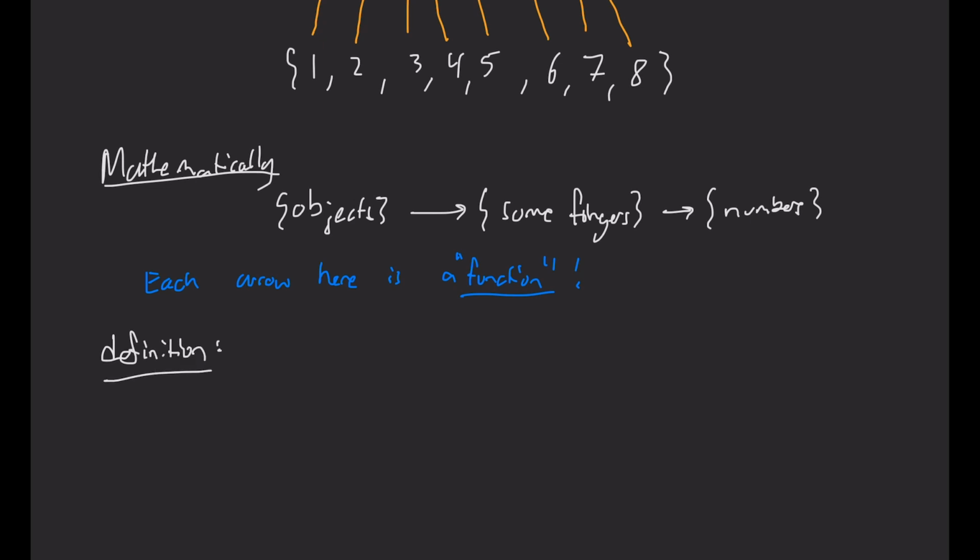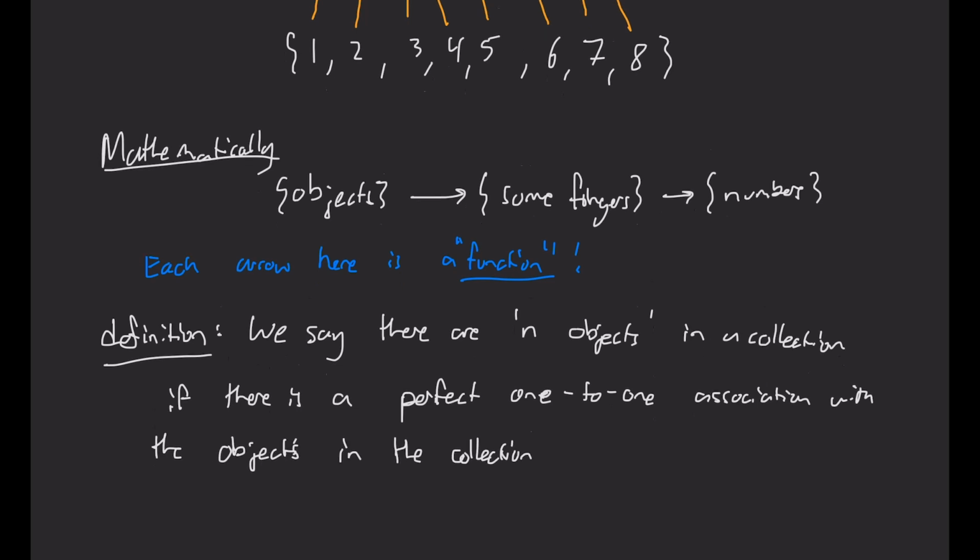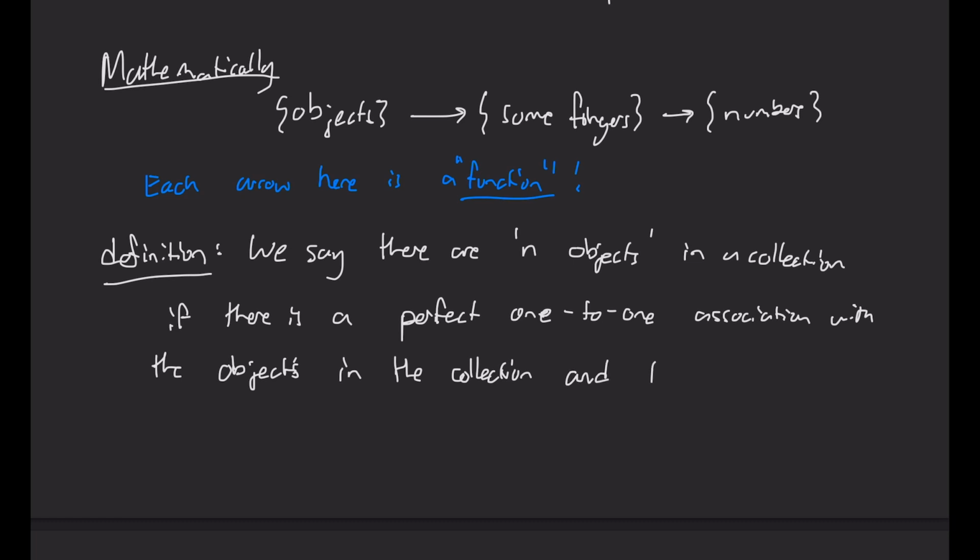Okay, so this suggests a definition for counting. So we can say that there are n objects, so n being some natural number, for example, 8, in a collection if there is a perfect one-to-one association or correspondence or function with the objects in our collection that we're counting and the numbers or the set of numbers 1 to n.